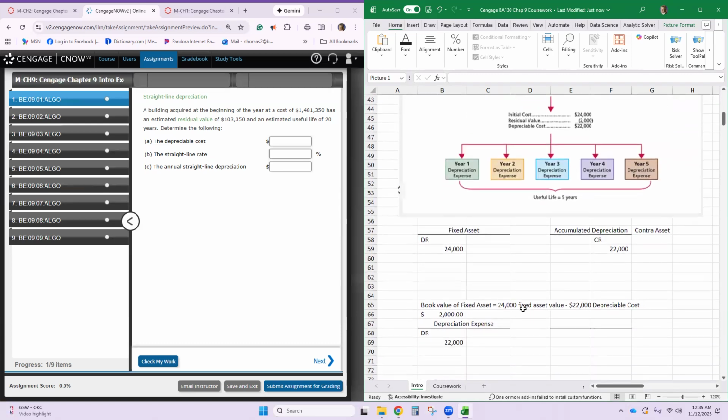A fixed asset has a debit balance, and then it has a contra asset that goes against it, similar to the allowance in accounts receivable. This accumulated depreciation will always go with that fixed asset. There is no choice about whether you use accumulated depreciation or not.